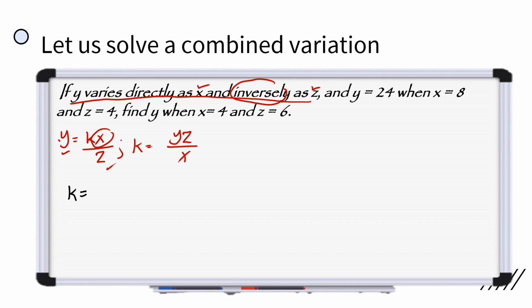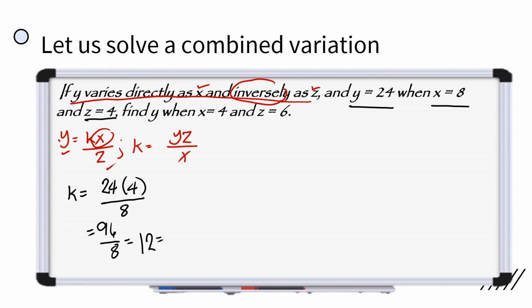So, k is equal to, the value of our y is 24. The value of our z is 4. And the x is 8. So, we simply multiply first. So, 24 times 4, that's 96. Then, divided by 8. And then, 96 divided by 8 is 12.